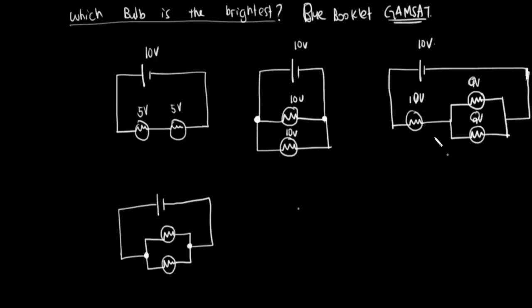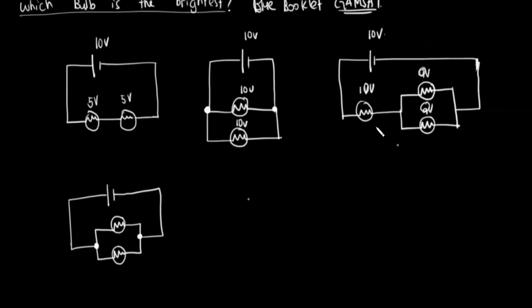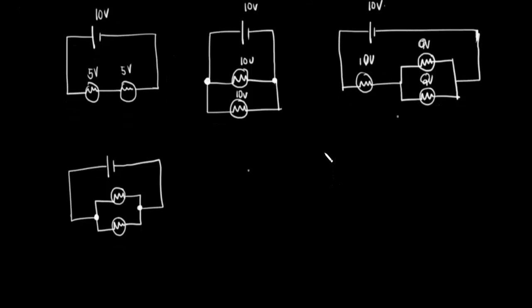To figure out exactly how much voltage is going through this, we can assume that this is 1 ohm, 1 ohm, 1 ohm, or you can choose 2 ohm, 2 ohm, 2 ohm, but the voltage drops across them wouldn't change. So have a look at this.